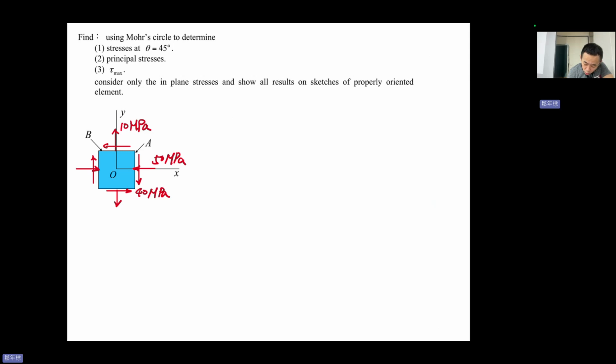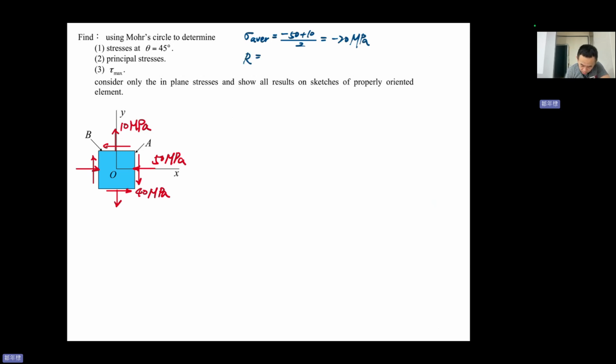So you can immediately get that sigma average equals minus 50 plus 10 divided by 2. Don't forget 50 is now negative because this is compression.